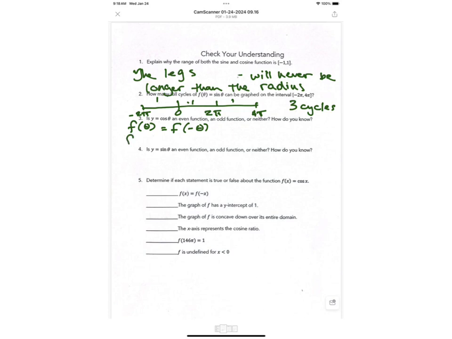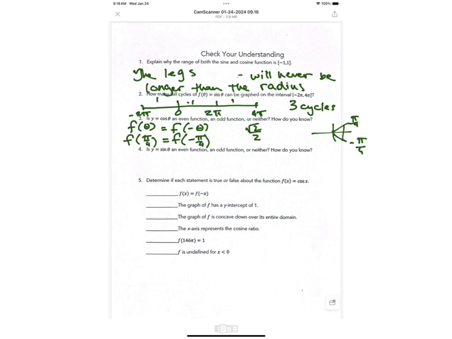Think about it. What is f of pi over 4? Cosine of pi over 4. What is that? Square root of 2 over 2. Good. And what is cosine of negative pi over 4? So we're talking about cosine of pi over 4 versus cosine of negative pi over 4.